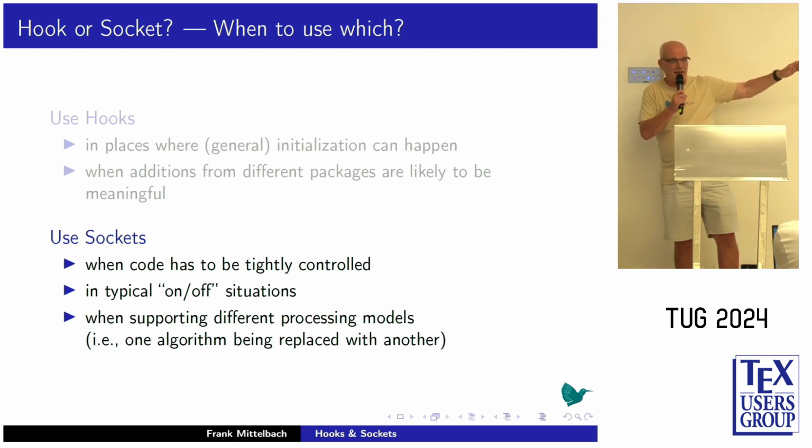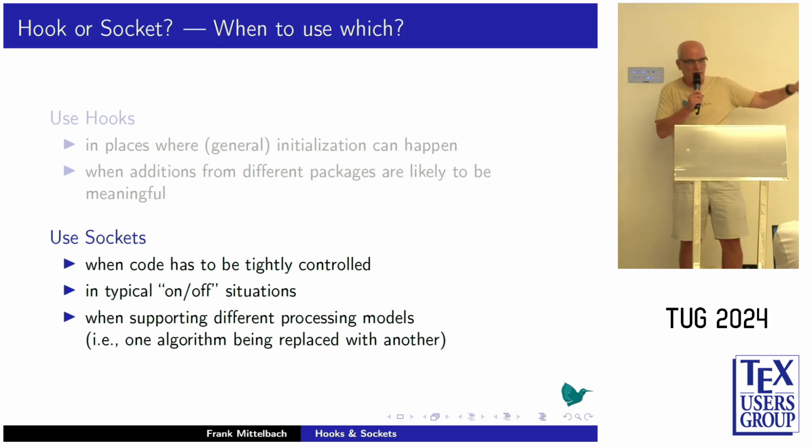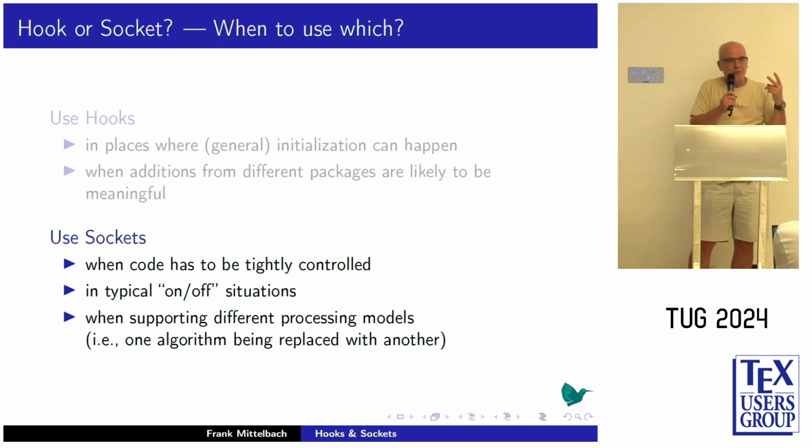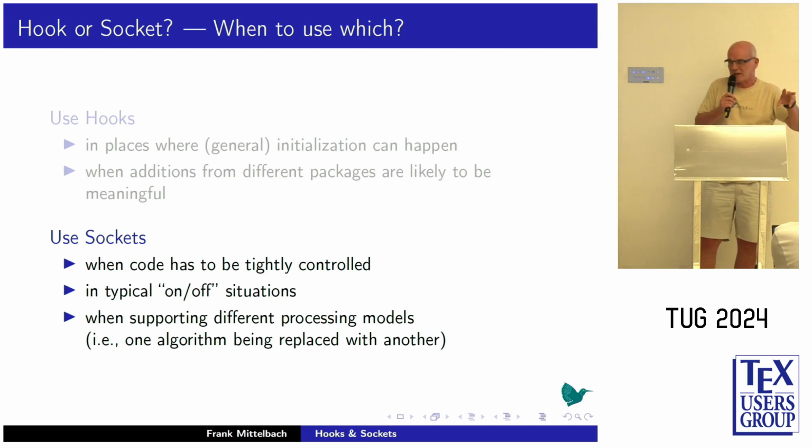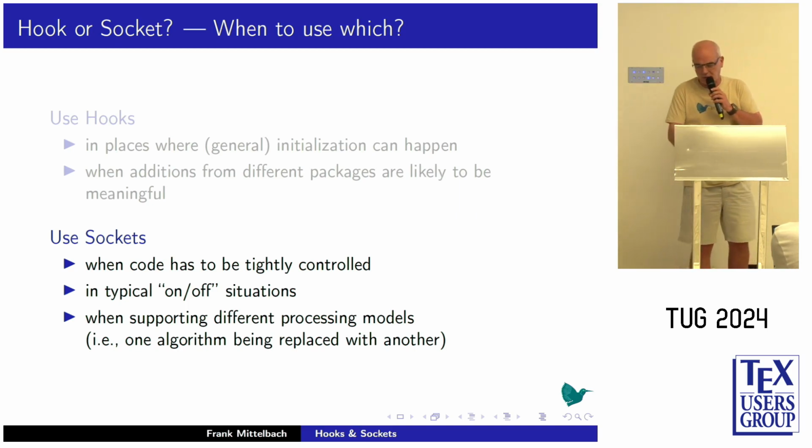That's a style decision. It requires different algorithms for processing, but there can be only one of them. You cannot have both at the same time because it's a different kind of model, at any one time. So this is a typical case for a socket. You stick in one of the algorithms, either this one or that one or a third one, but you cannot stick in several pieces. So that's the socket part.